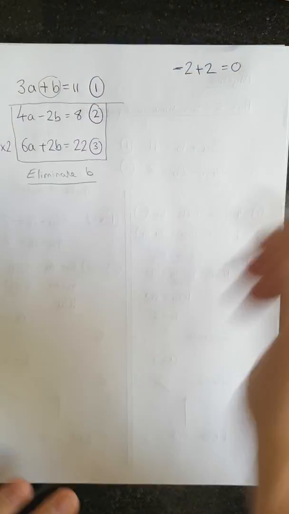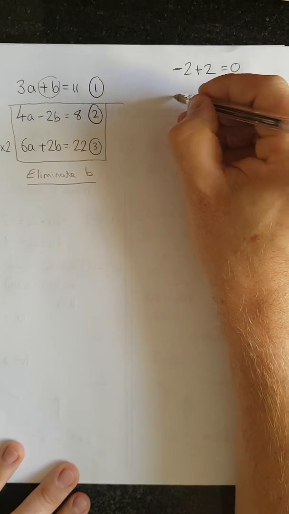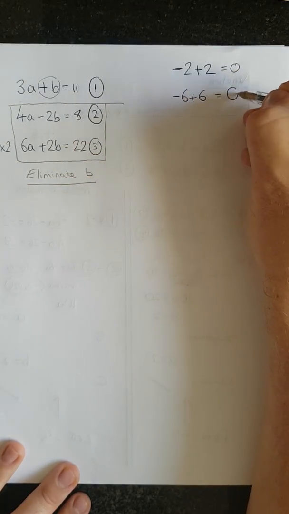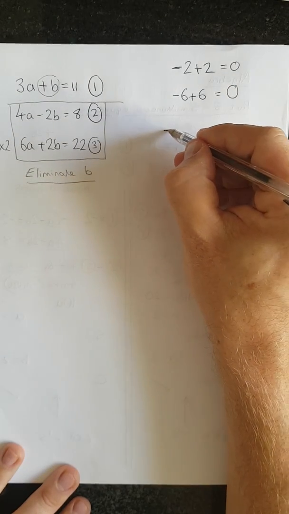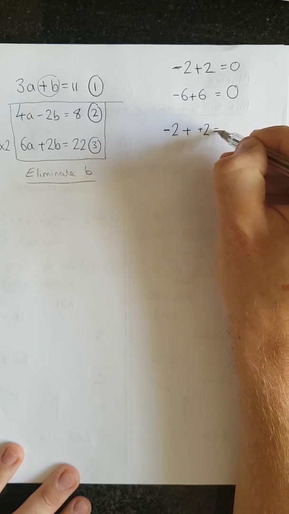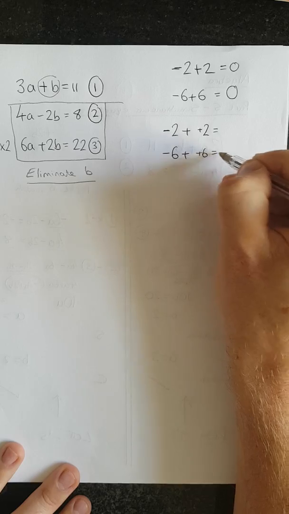That's 0. What's minus 6 add 6? That's 0. Now I can write these as minus 2 add positive 2, or minus 6 add positive 6.